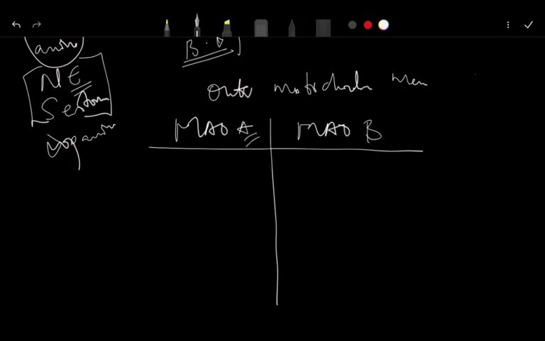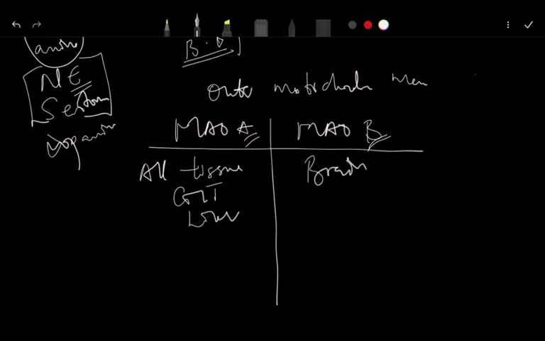A, for all, means it is found in majority of tissues, particularly your gut, your GIT, and your liver. That's where you see MAO-A. B is located more in the brain, in the CNS. MAO is also seen in platelets.